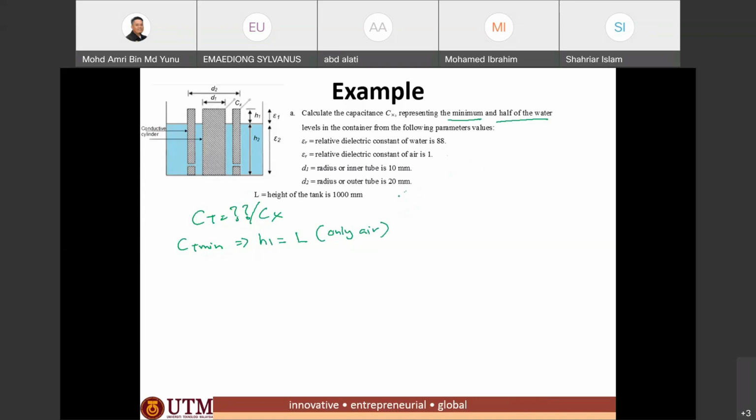So C total minimum, from the equation, is 2 pi multiplied by 8.85 times 10 to the power of negative 12, multiplied by epsilon R1, which is 1. Remember that we are measuring in meters.